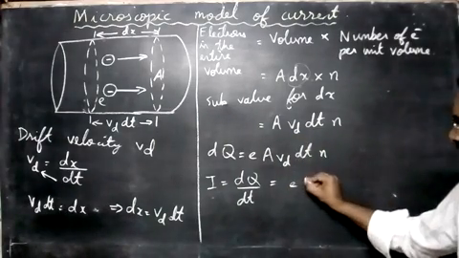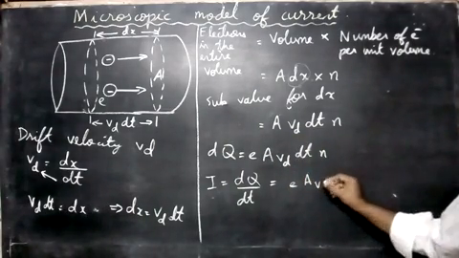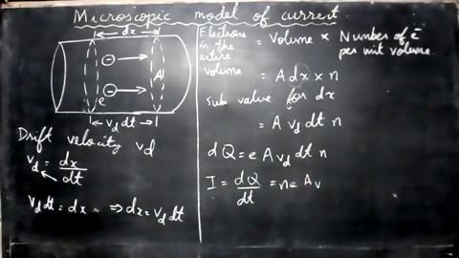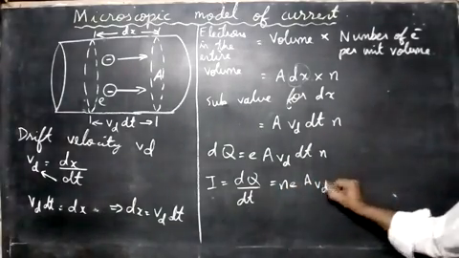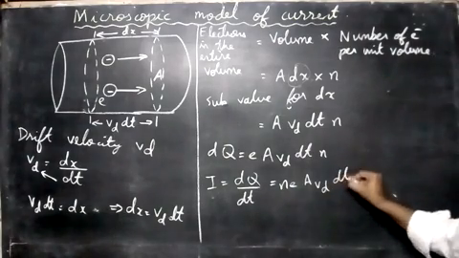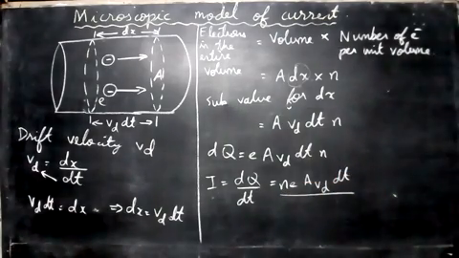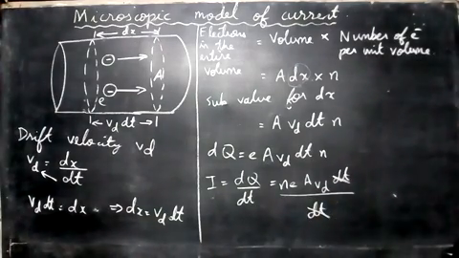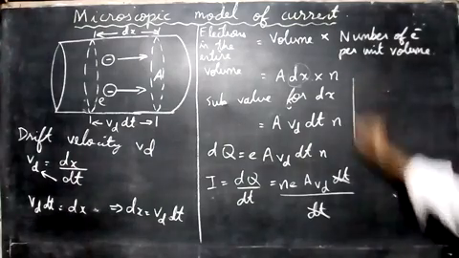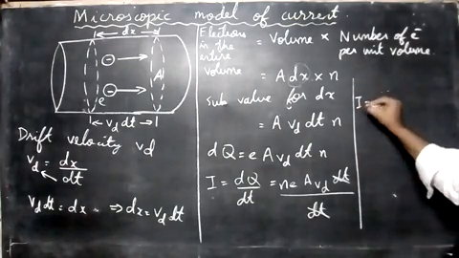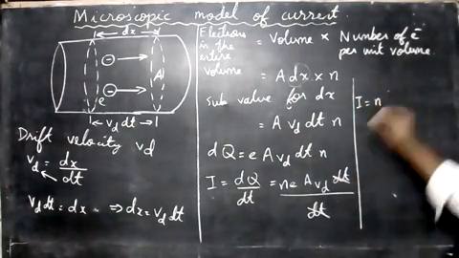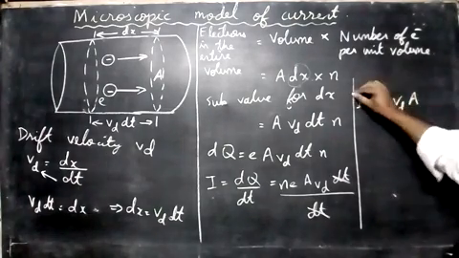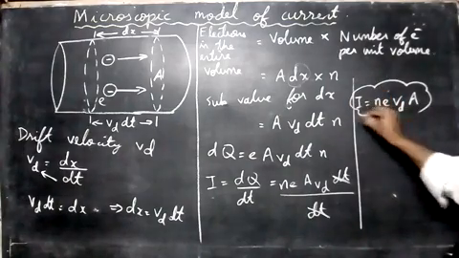So e into A into, or before that I can write the n in front, n A into Vd into dt, divided by dt. The dt and dt will cancel. So what we get for I is n e, I write Vd first, then A. So I is equal to n e Vd A.